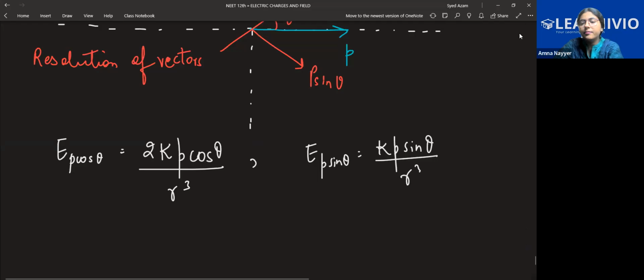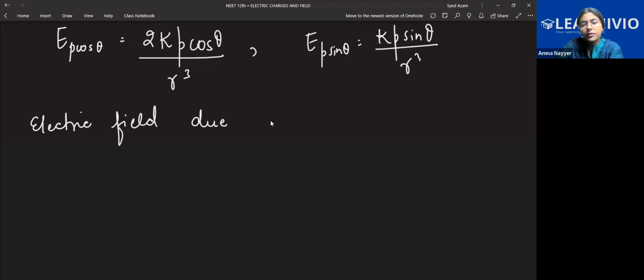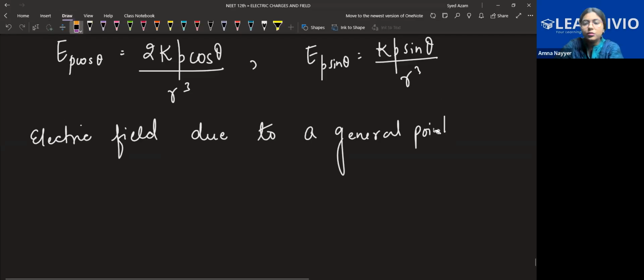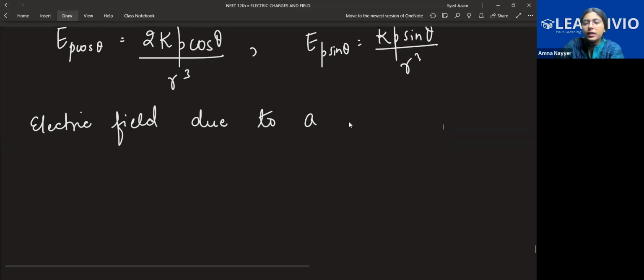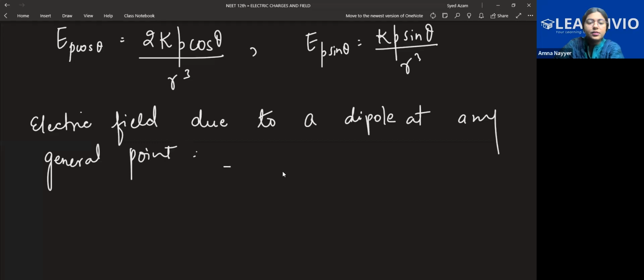Now, when you are calculating the net electric field, from both the electric fields, the formula for the net electric field due to a dipole at any general point will come out to be: Kp by r cube will be there as it is, like you had in your electric field formulas.